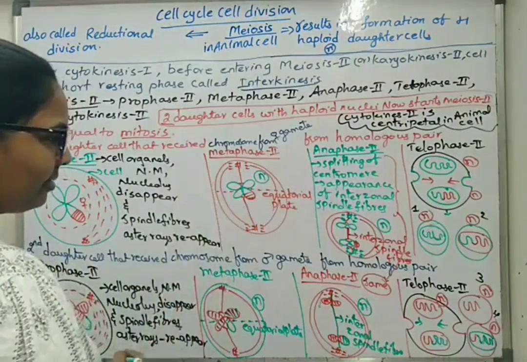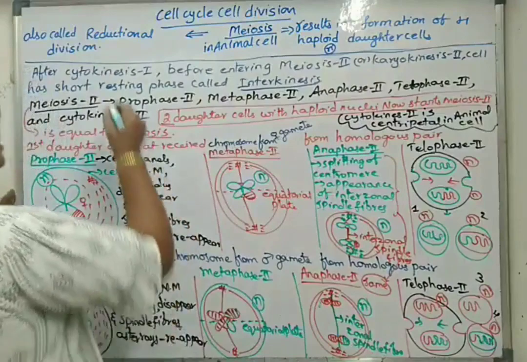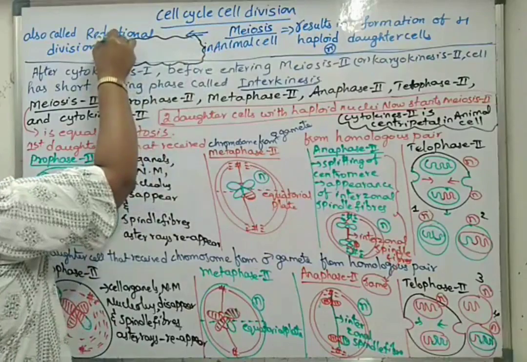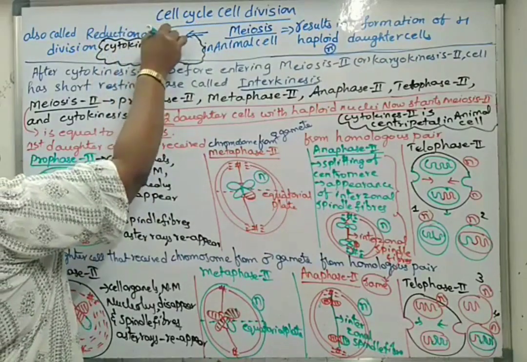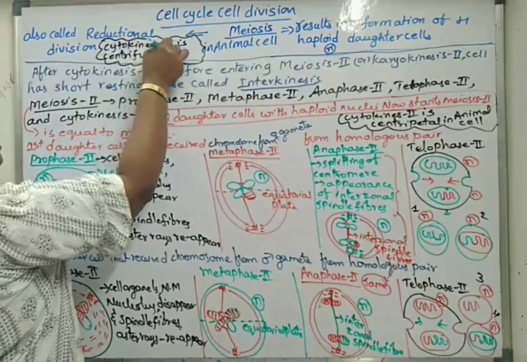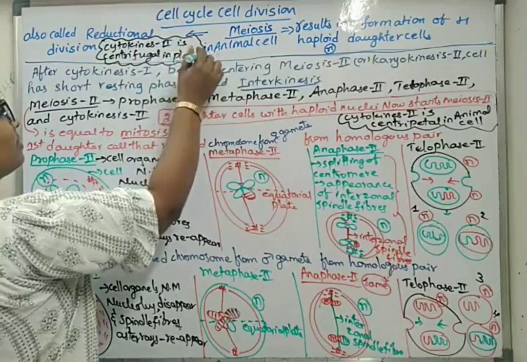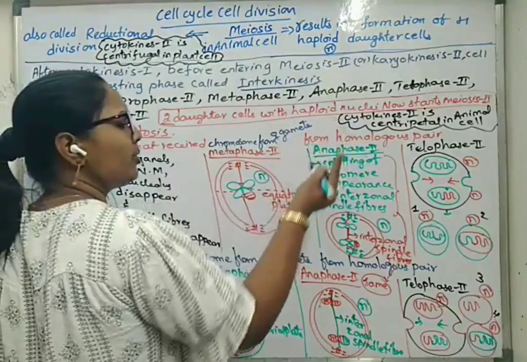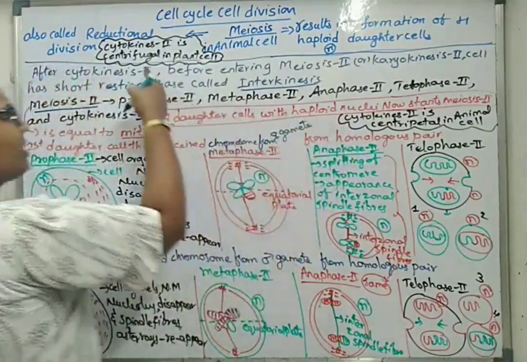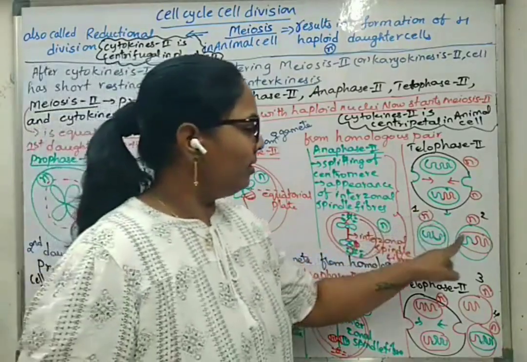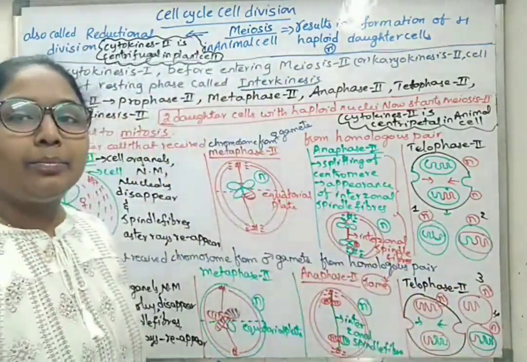So if you have place here, I will mention it somewhere. Cytokinesis 2 is centrifugal in plant cell. So cytokinesis 2 is centripetal in animal cell, centrifugal in plant cell. So this is about meiosis 1 and meiosis 2, in which we have obtained four haploid daughter cells.